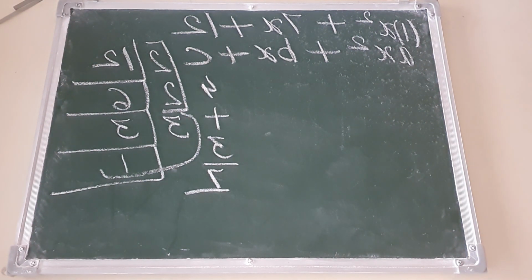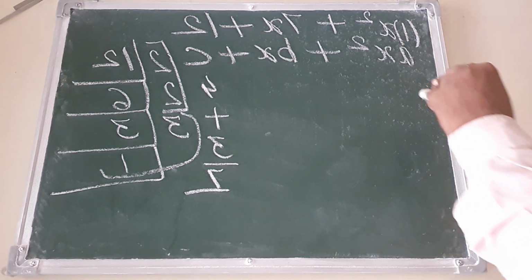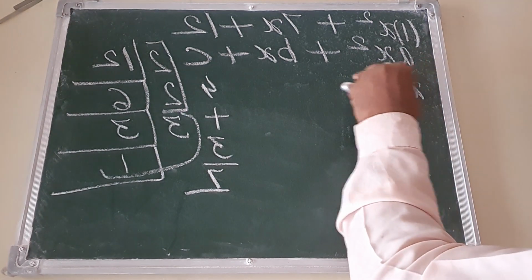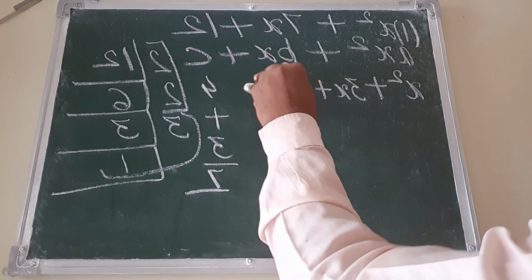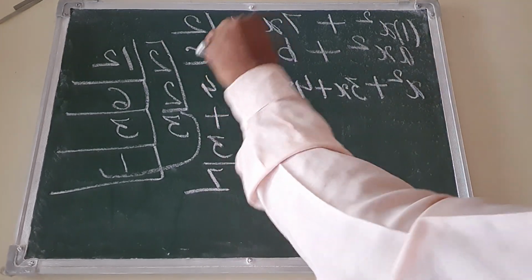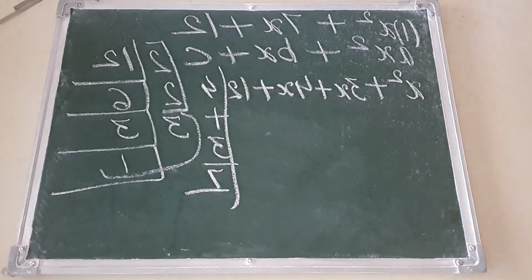So we can write 4 plus 3, and its sum will be 7. So since it is plus, it becomes plus 4x plus 3x. So we can write it as x square plus 3x plus 4x plus 12. So I think this much you all might have understood.